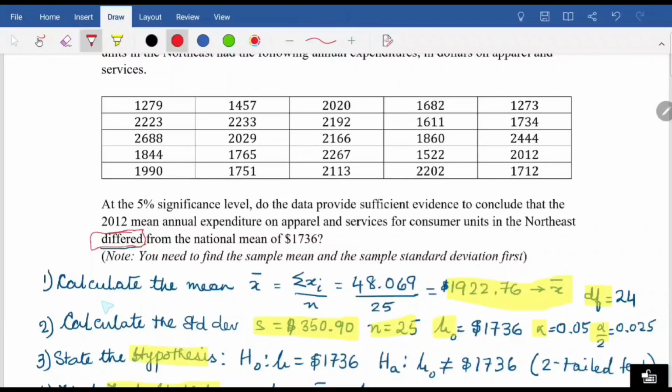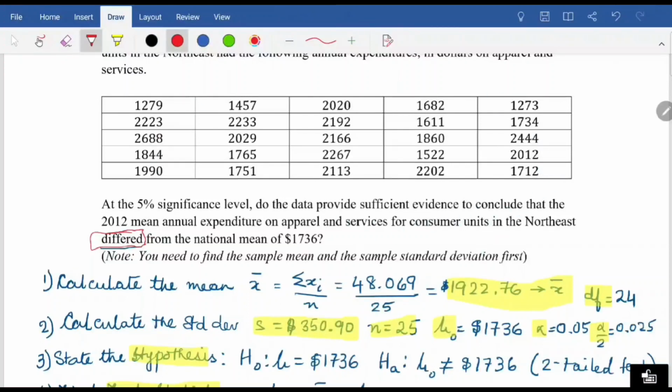All right. So the first step is to calculate the mean X bar if it is not given to you. Now on the test, in the interest of time, we will probably give you the sample mean. This is just an exercise to give you some practice on how to calculate the mean. So just sum up all these values, divide by 25. So sigma x divided by n is the formula for X bar.